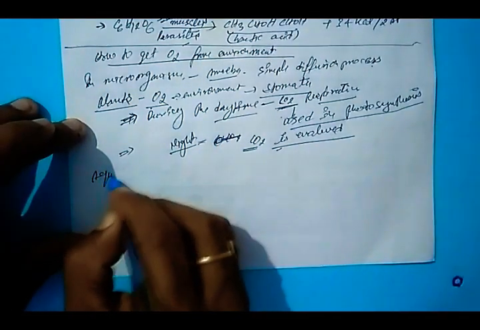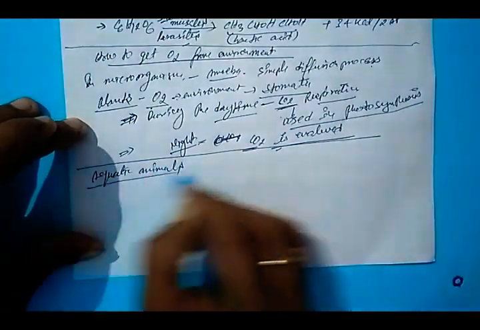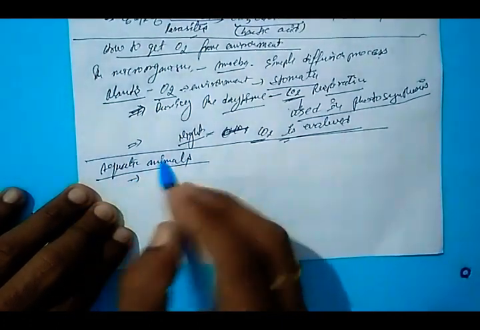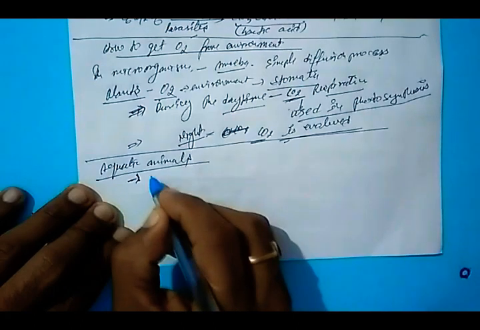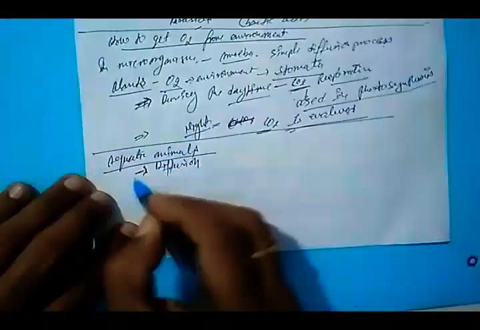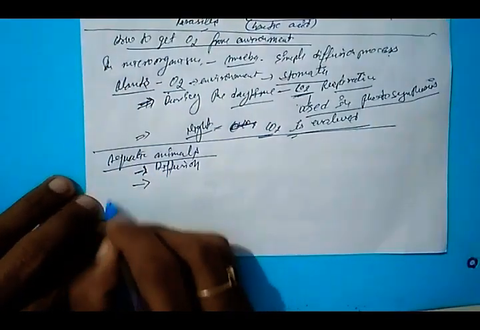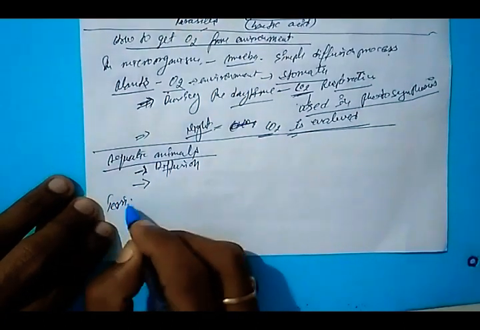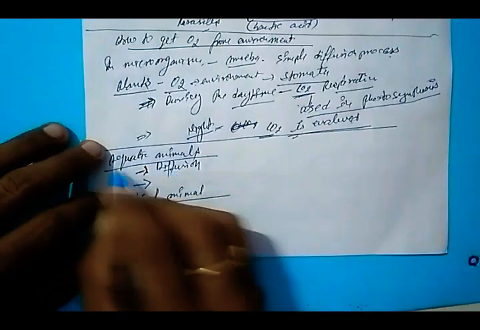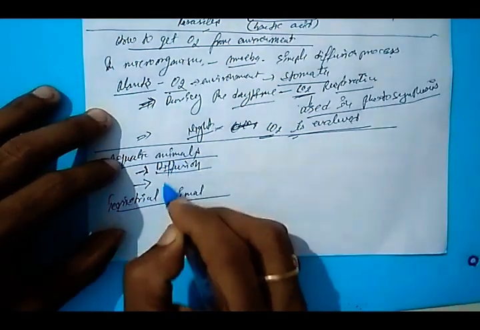In aquatic animals, they simply get oxygen by the process of diffusion, and specialized organs are present which are called gills.